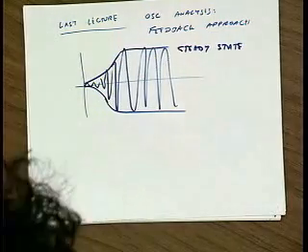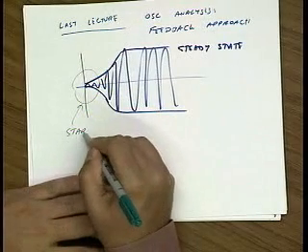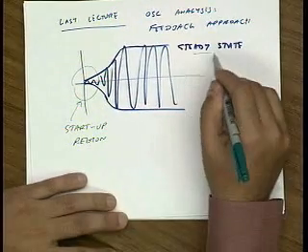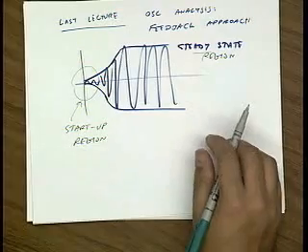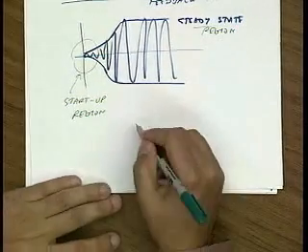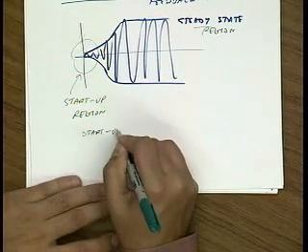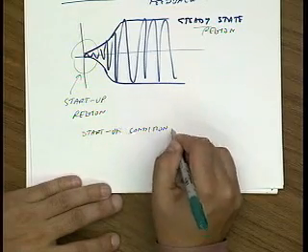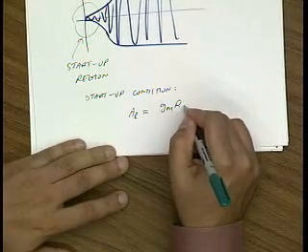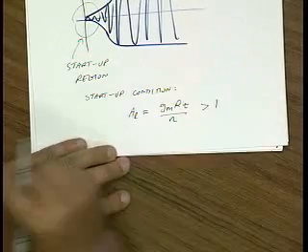All right, so this is the startup region. And this is the steady state region. Now, we made the observation that our startup condition is that the initial loop gain, which we showed as GM times R tank divided by N, where N is the feedback factor, has to be bigger than 1.